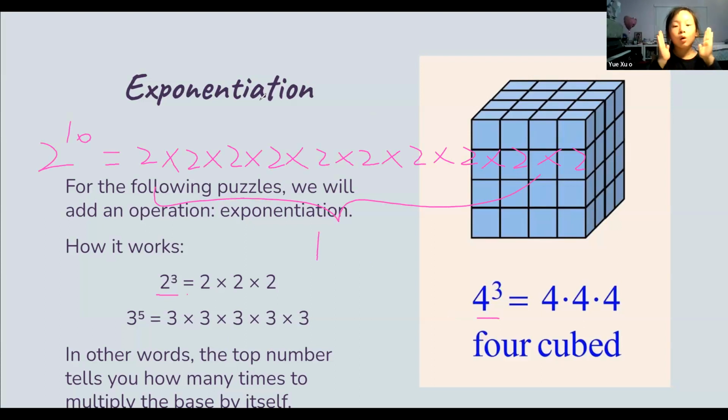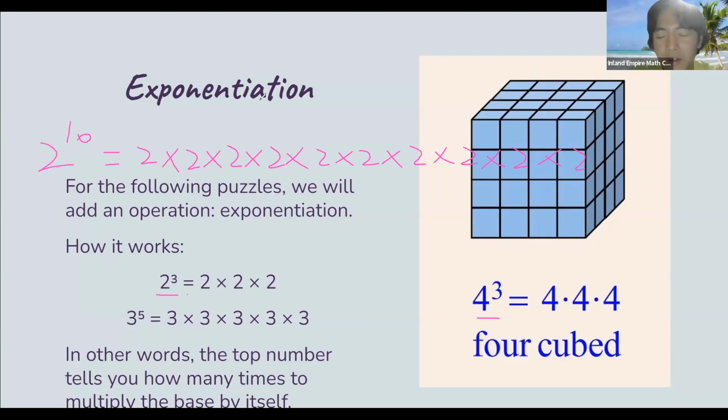So that means exponents can get really big really quickly, right? Because if you look at this diagram over here, one little cube represents 1 unit. But if you have 4 to the third, what you actually have is 4 times 4 times 4, which is equal to 64. So even though I only raised 4 to the third power, it gets really big really quick.